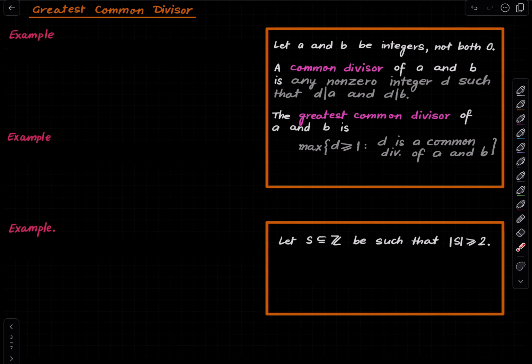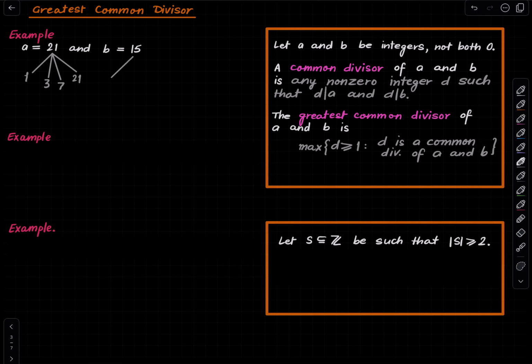So let's look at an example. It's a very simple definition, but let's look at an example. We have two positive integers, 21 and 15. We want to find out their greatest common divisor. So just list out all the common divisors. What are the divisors of 21? 21 has 4 divisors: 1, 3, 7, and 21.